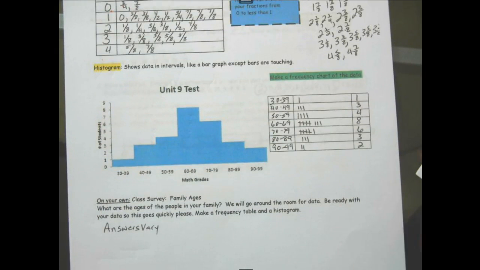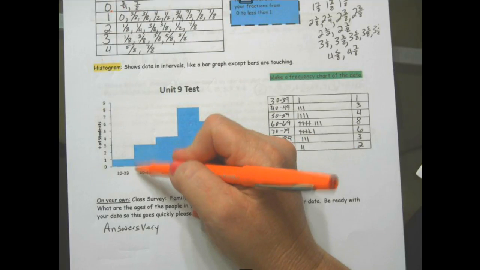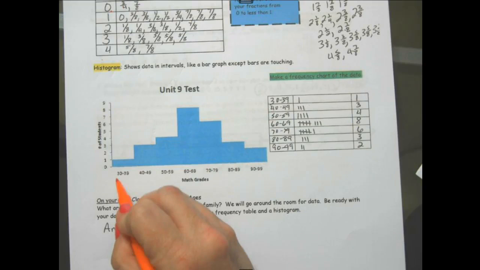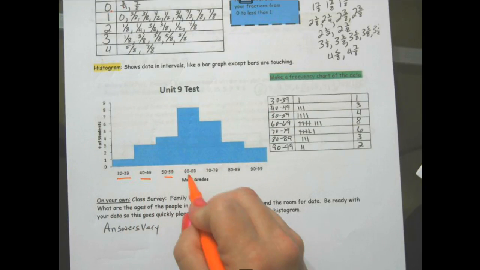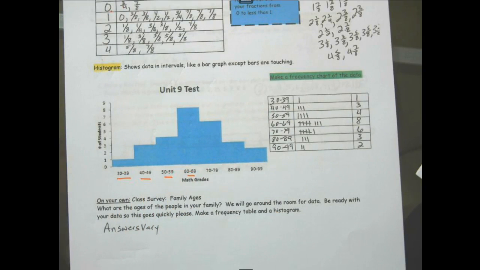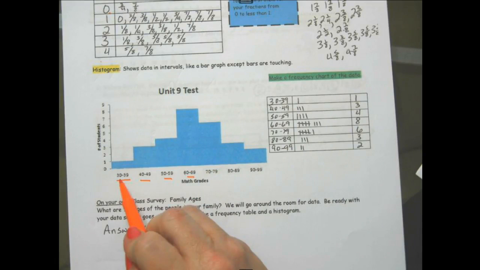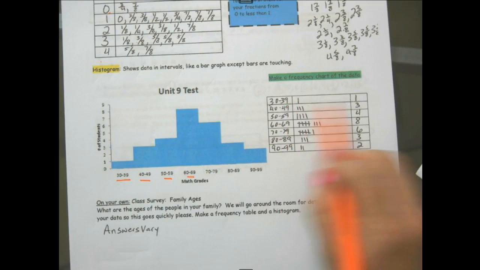This is a histogram. The difference between a histogram and a bar graph is there's no spaces in between the bars on a histogram, and the bottoms are intervals. There was only 1 from 30 to 39.